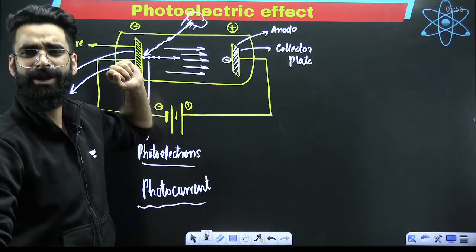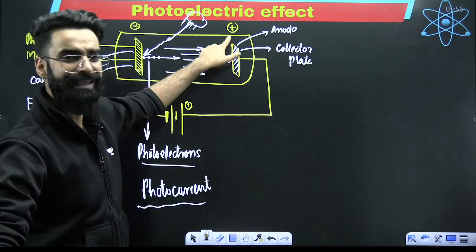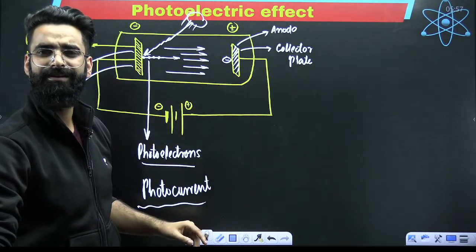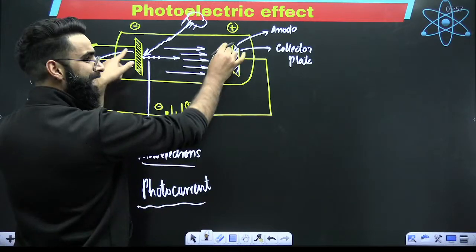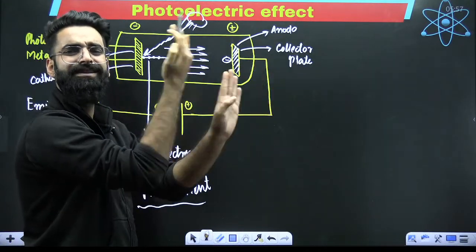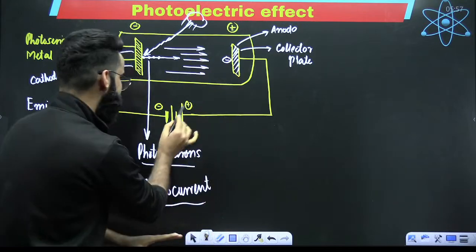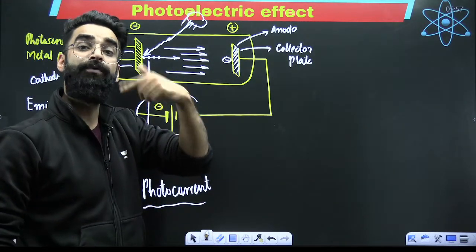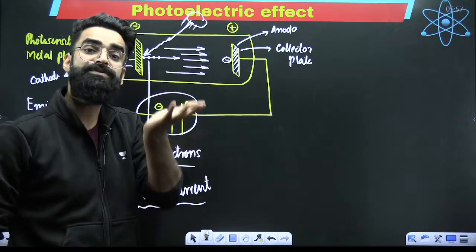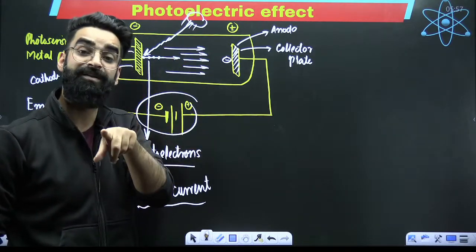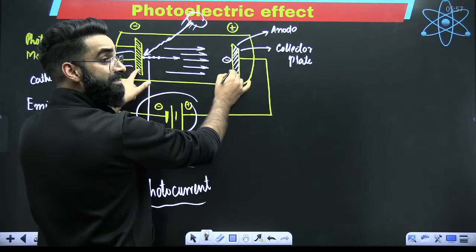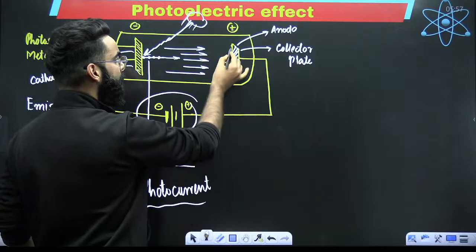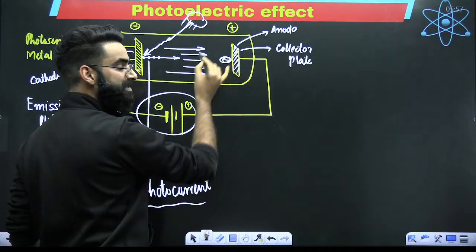How will you be reversing its polarity? Maybe you'll be connecting these plates with some other external battery, but in the reverse format, not in this particular format. And that battery's voltage you'll keep on increasing. When you keep on increasing the voltage of that external battery, there'll be a time when negative charge will come on this plate.